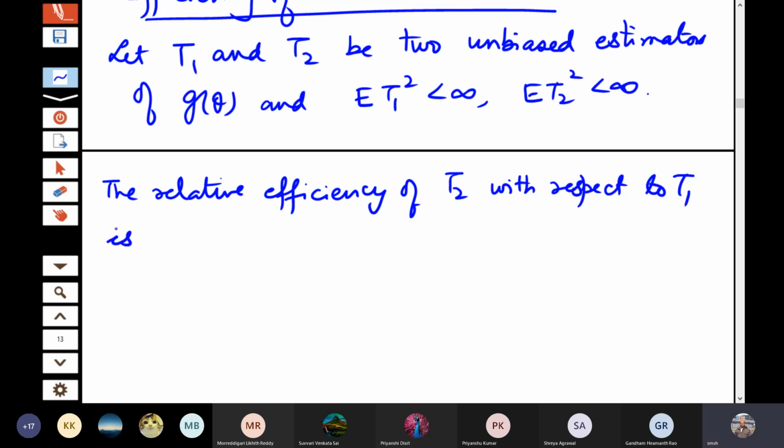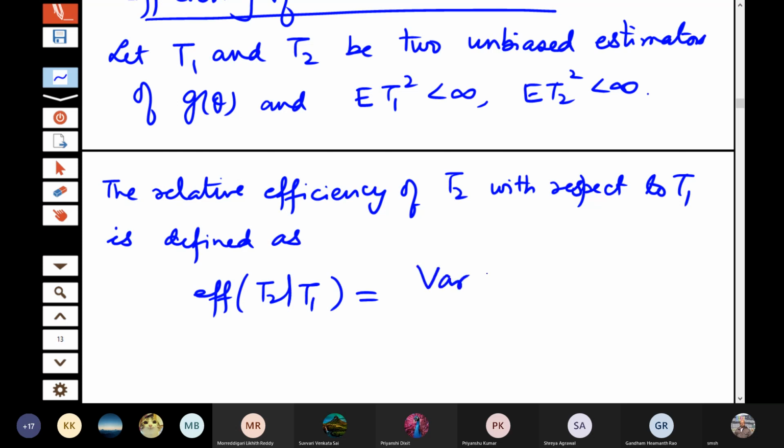This is defined as variance of T2 divided by variance of T1. Okay.